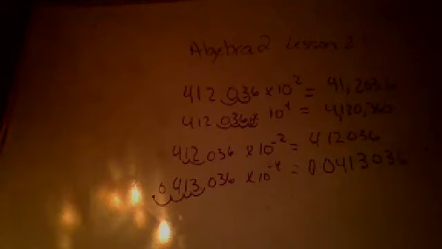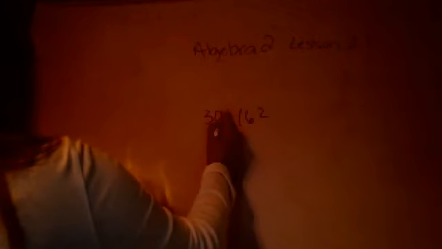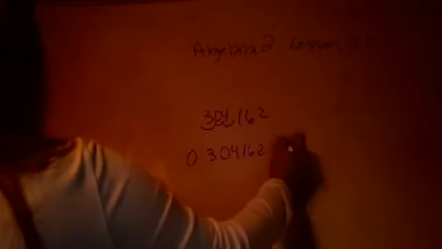So let's look at this number here. Let's look at 304.162. Okay, I can change it to say, if I move the decimal 1, 2, 3, I can say 0.304162 times 10 to the third power.